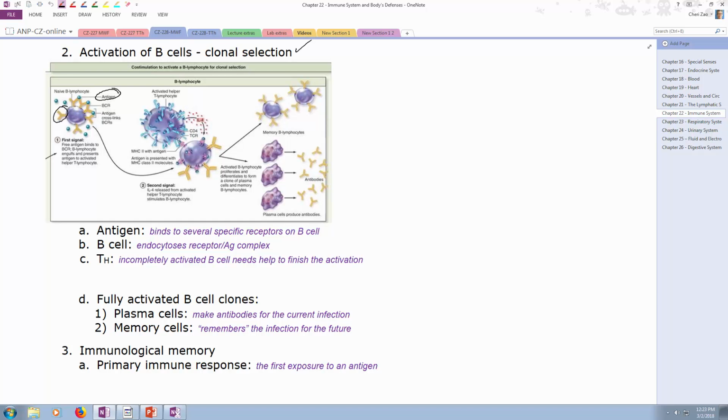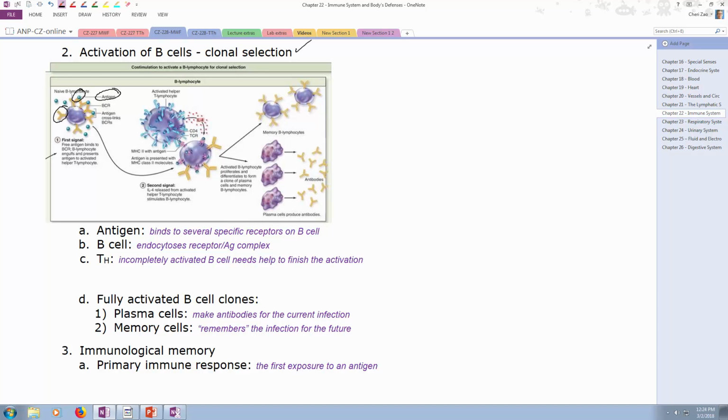Now it binds, as you see here, and we can have also cross-binding occur. But when this antigen finally finds, and this B cell finally finds this antigen and binds, then that receptor actually endocytoses, goes inside the cell to turn the B cell on. So this receptor goes into the cell, and then take a look here at our B cell.